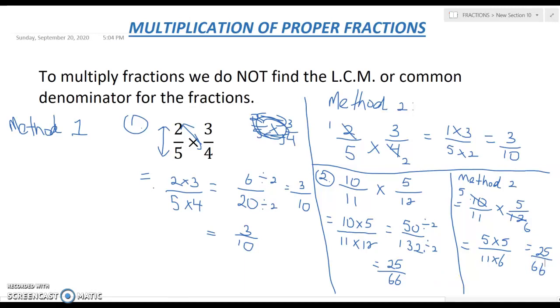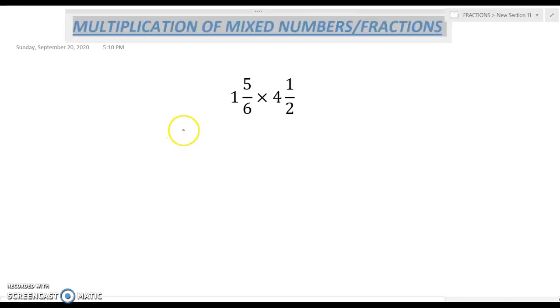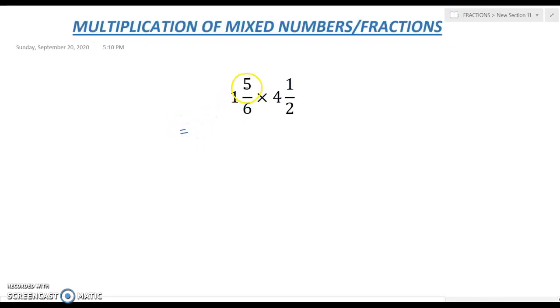So very simple. Now we're looking at multiplication of mixed numbers, mixed fractions. Anytime we have mixed fractions, I always say change them to improper fractions first, right? So now let's change our mixed fractions to improper fractions. So 1 times 6 is 6 plus 5, and we're going to get 11 over 6 multiplied by 4 times 2 is 8 plus 1, 9 over 2.